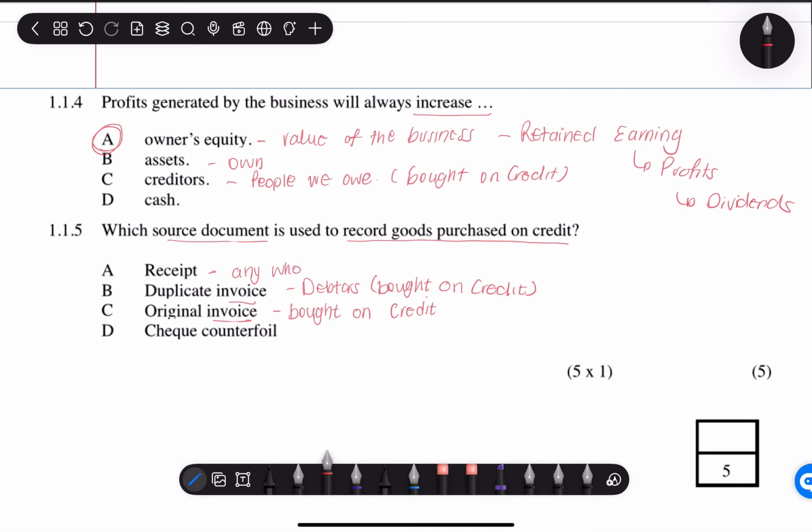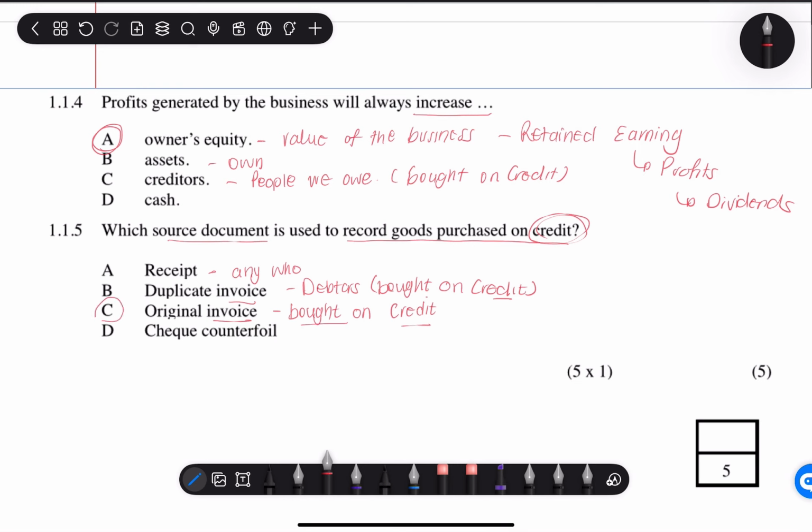So source documents used to record goods purchased specifically on credit. Which documents talk about credit? And here you can see it's either B or C. So now we need to see perspective. Is it from your creditor's perspective or from your debtor's perspective? Source document used to record goods purchased on credit. We bought on credit.